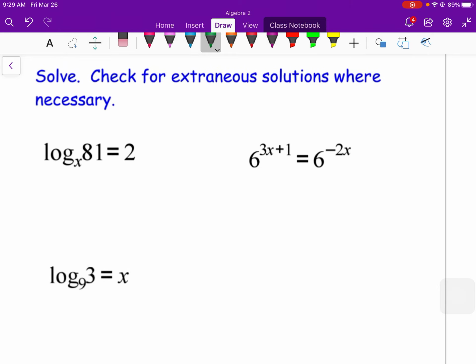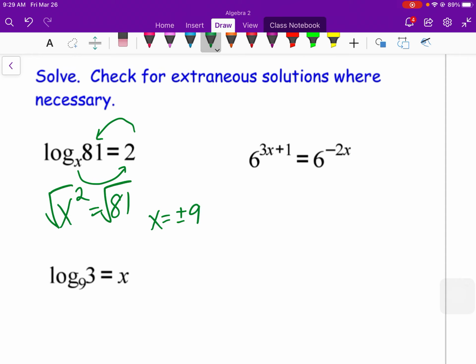All right, solving. So in this one, I'm going to rewrite it. It'd be x squared equals 81, and then I can solve the square root, and I'm going to get x equals plus or minus 9, but I can't have a base of a -9, so it's going to be x equals positive 9 is my only answer.